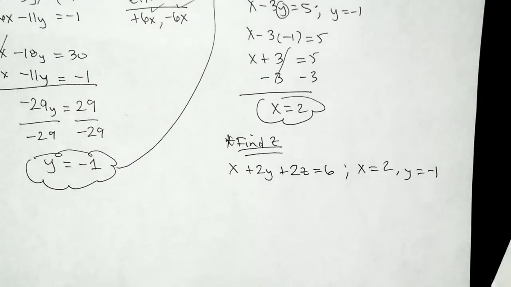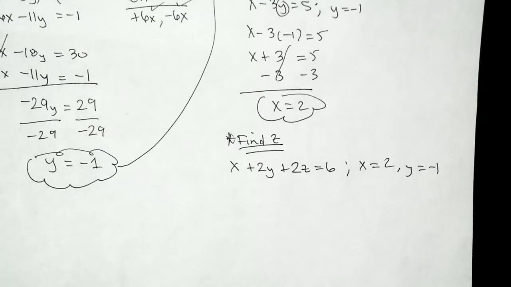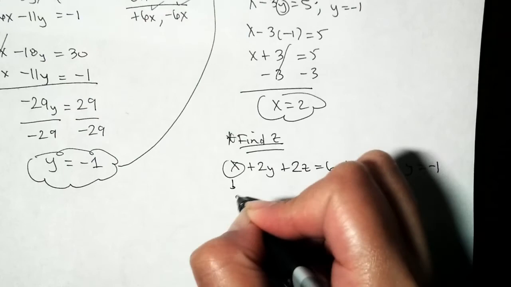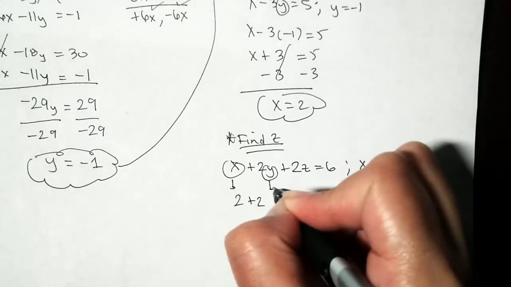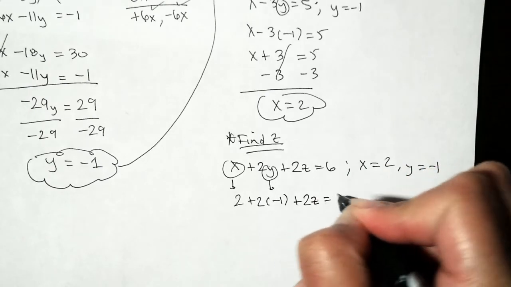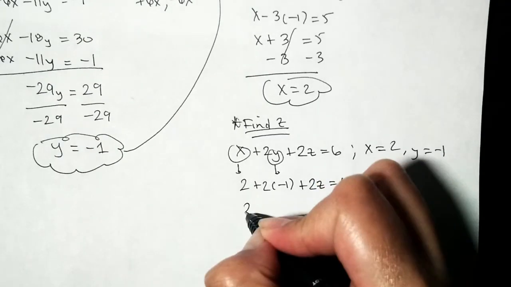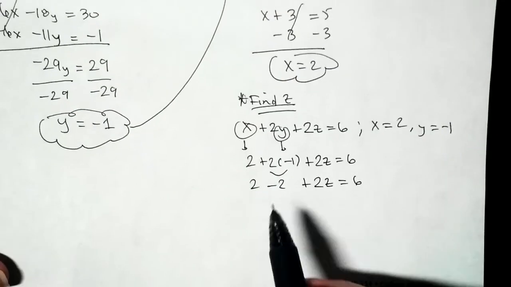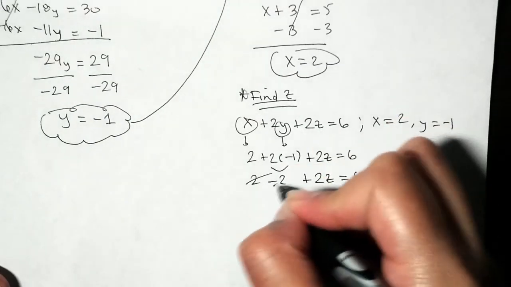Okay, so we did it. Let's make sure we don't have an arithmetic mistake. So we have x, in this case it's 2, plus 2 times the y we just found of negative 1, plus 2z equals 6. So that will leave us with 2 minus 2, the difference of which is 0.